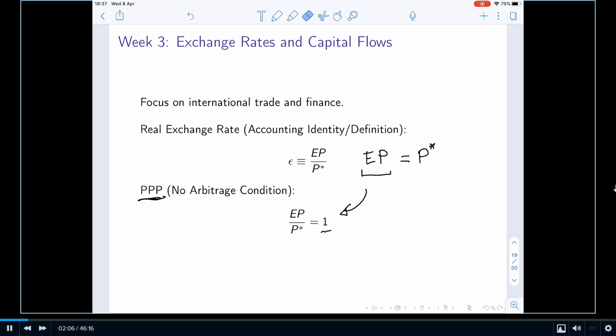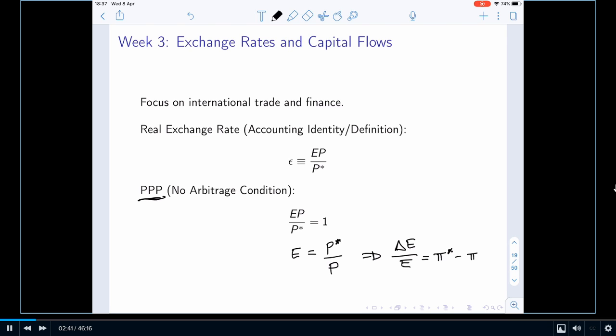If that's true, then we now have a way of pinning down the nominal exchange rate. In particular, if we rearrange this, the nominal exchange rate is equal to the ratio of the foreign price level to the domestic price level. Or in terms of growth rates, the growth rate of the nominal exchange rate is equal to foreign inflation minus domestic inflation.